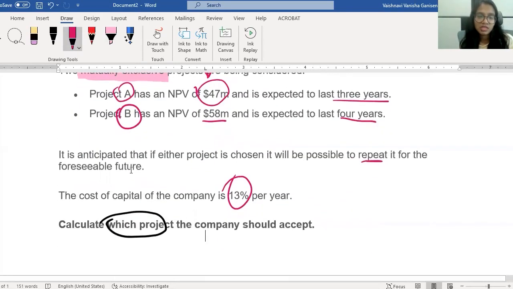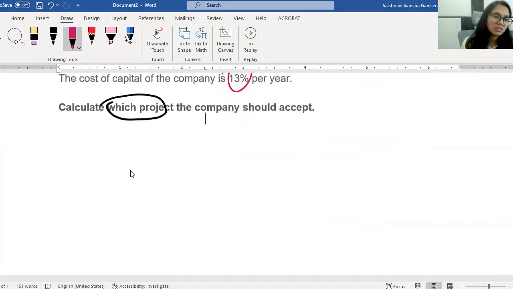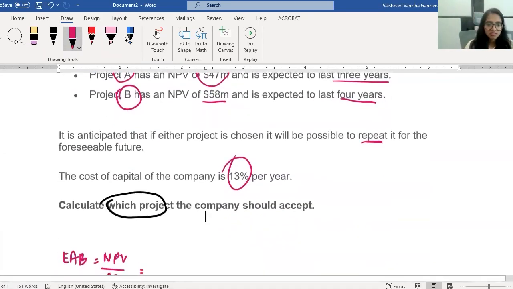Okay, now, to calculate EAB, the concept is similar. What you need to do is you just take your NPV over annuity factor. Now, the NPV that was given to you for project A is 47. This project will last for 3 years. So calculate 13%, 3 years: 1.13 to the power of negative 3, 1 minus the answer, divided by 0.13.